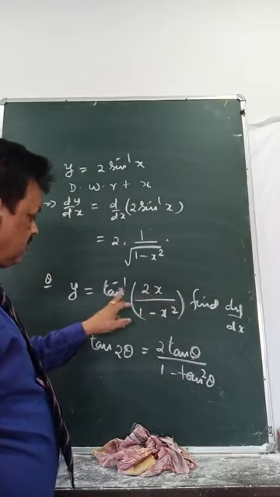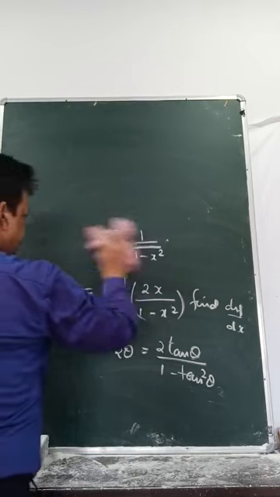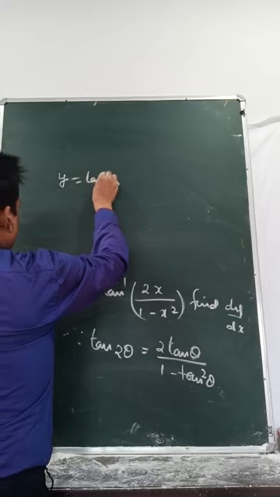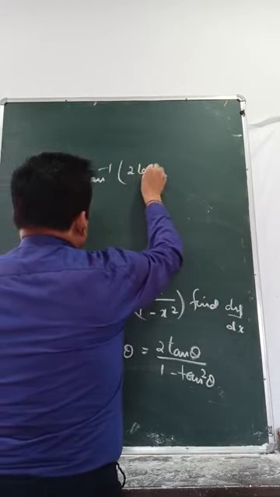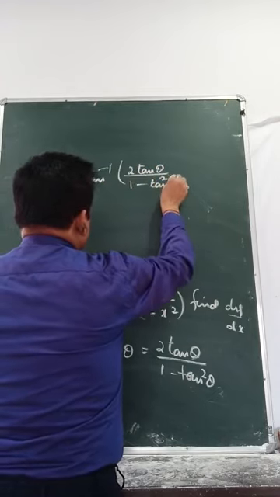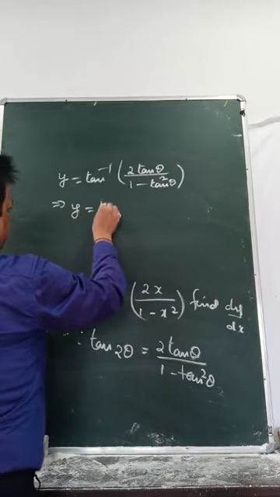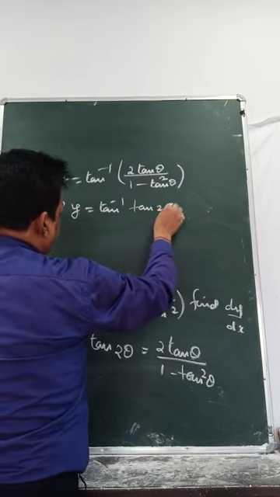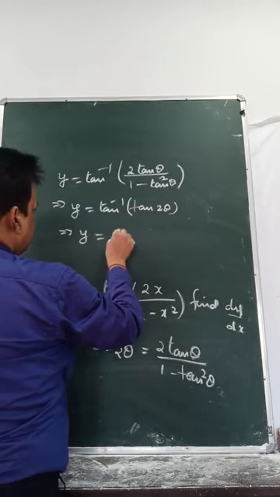So tan 2 theta, tan inverse can be simplified. So you can write y equals tan inverse 2 tan theta by 1 minus tan square theta. So y equals tan inverse tan 2 theta.